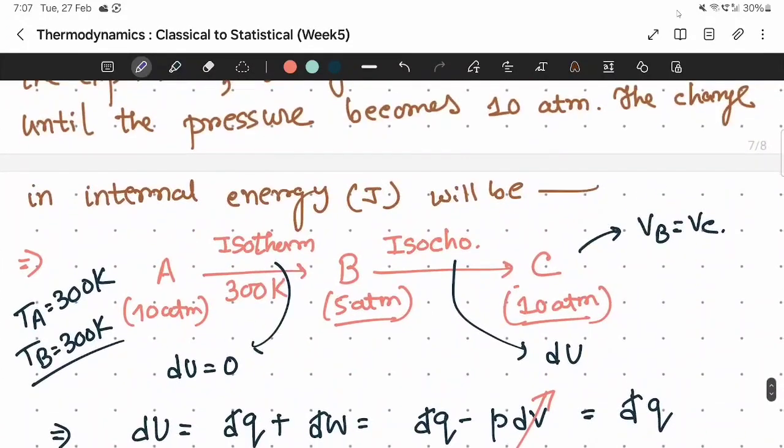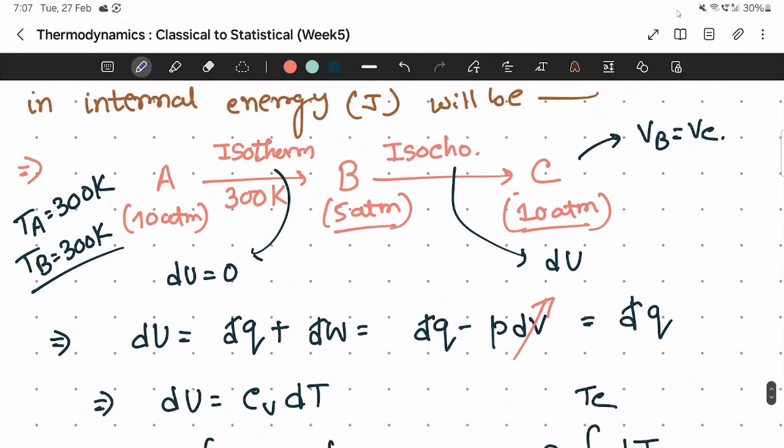So you have to visualize the overall process in two ways. We just have to notice a few things here. The first process is isothermal, and for an isothermal process the temperature is constant. As the temperature is constant, internal energy will also be constant because it's an ideal gas, so ΔU will be 0.